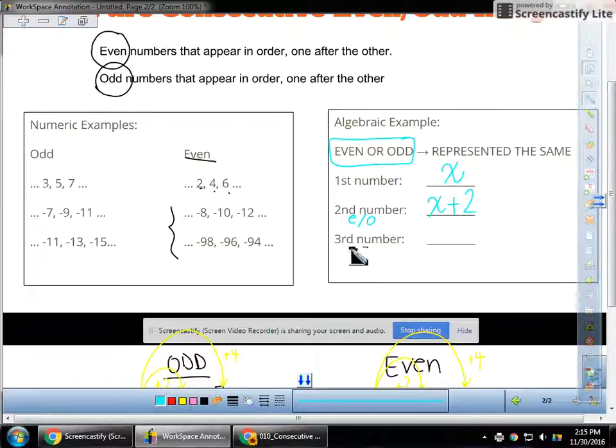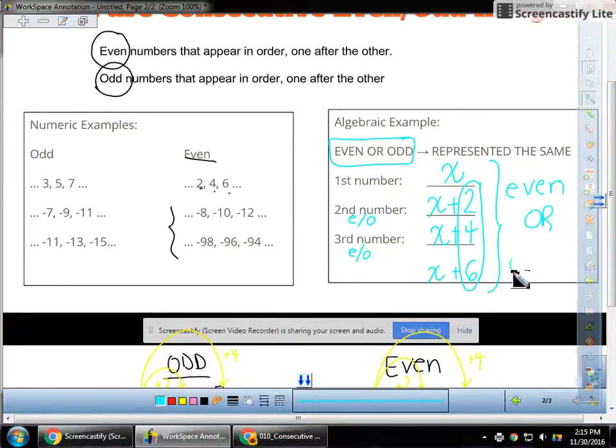And again, with even and odd numbers, my third number is represented by x plus 4. And if I were to continue, I would actually have x plus 6. So it doesn't matter that these numbers are even. This is how you would represent even or odd numbers, always.